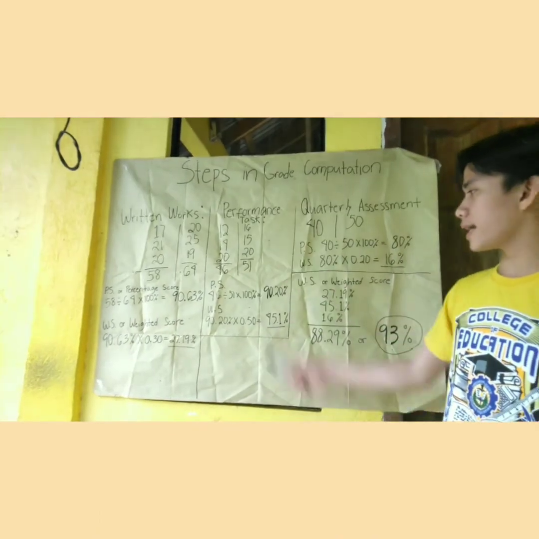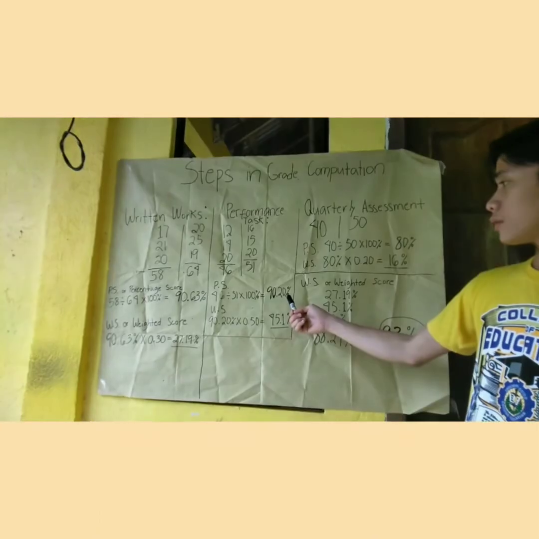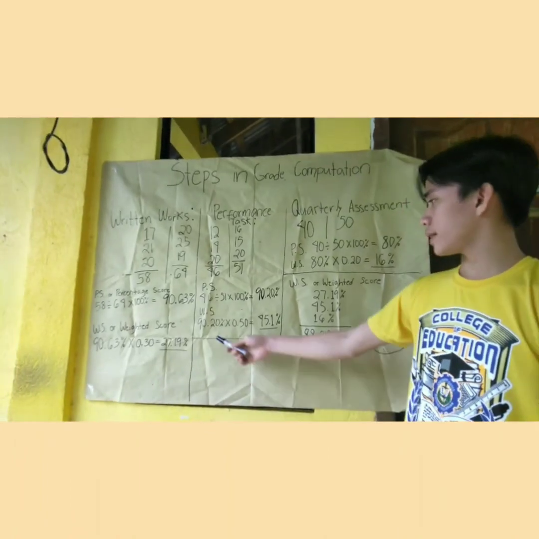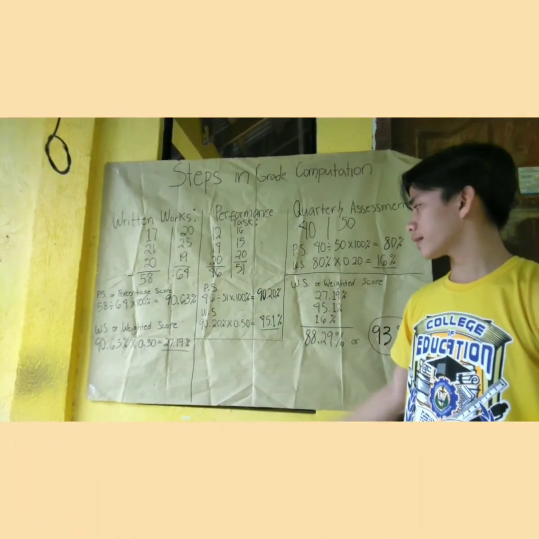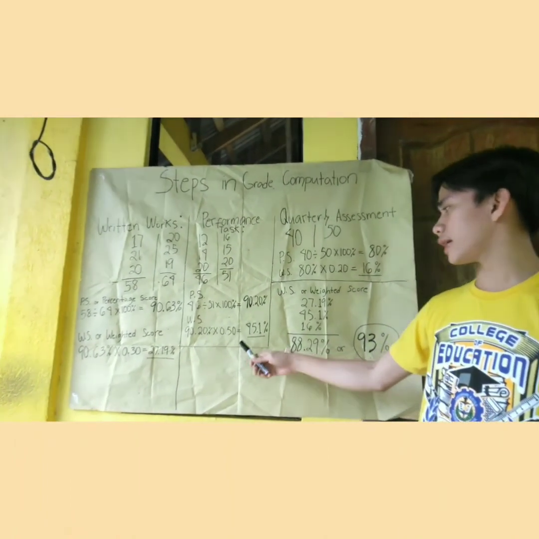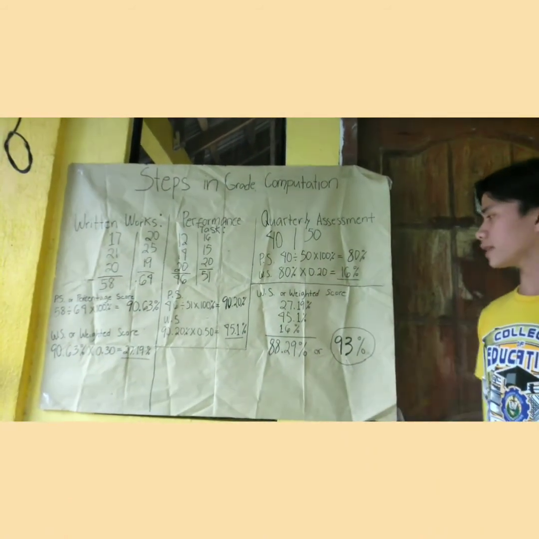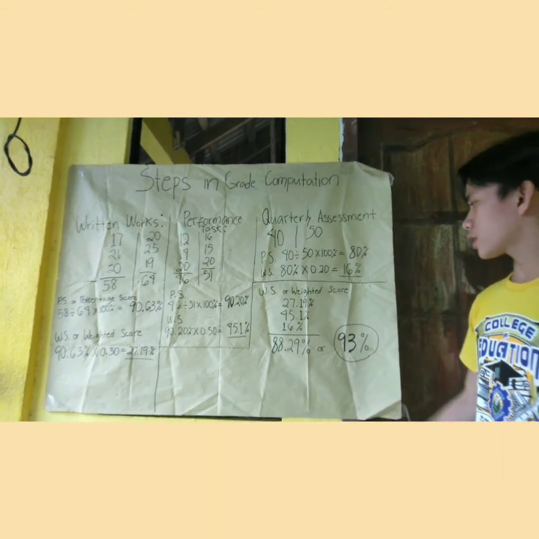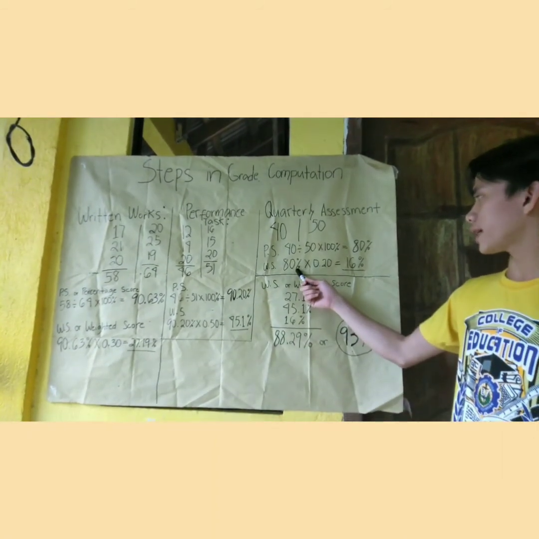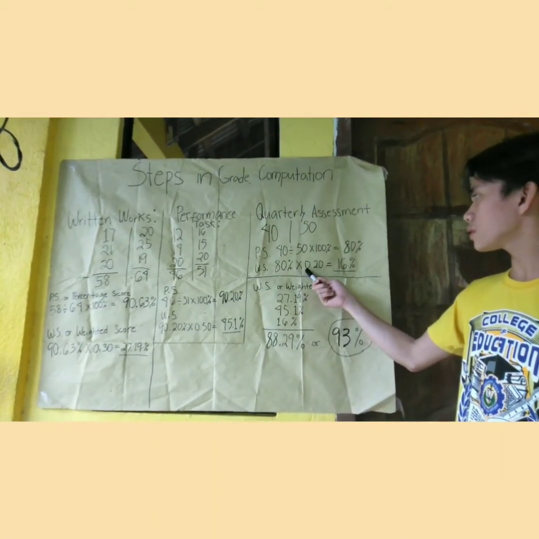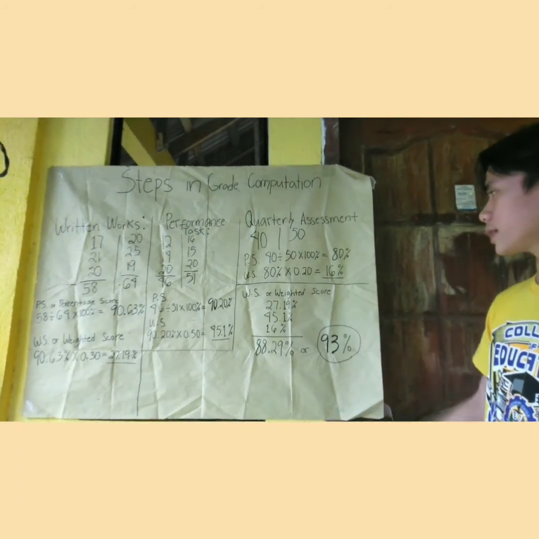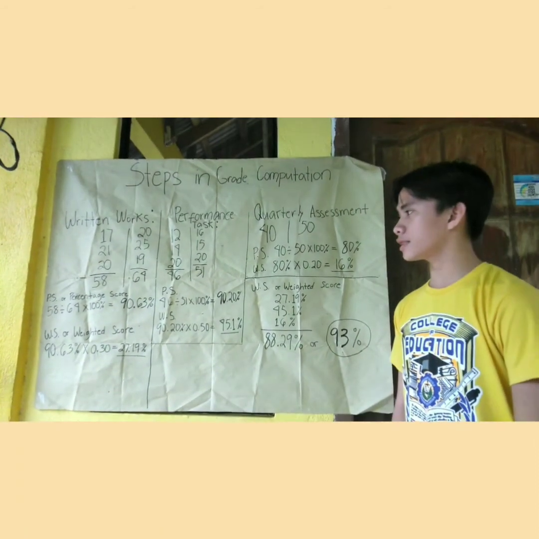In performance task, the percentage score is 90.20% times 0.50 will give us 45.1%. In quarterly assessment, the percentage score is 80%, multiplied by 0.20 will give us 16%. And that is the third step.